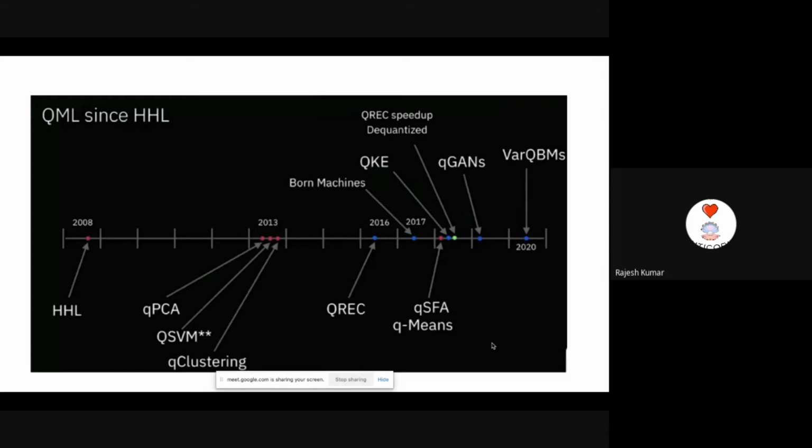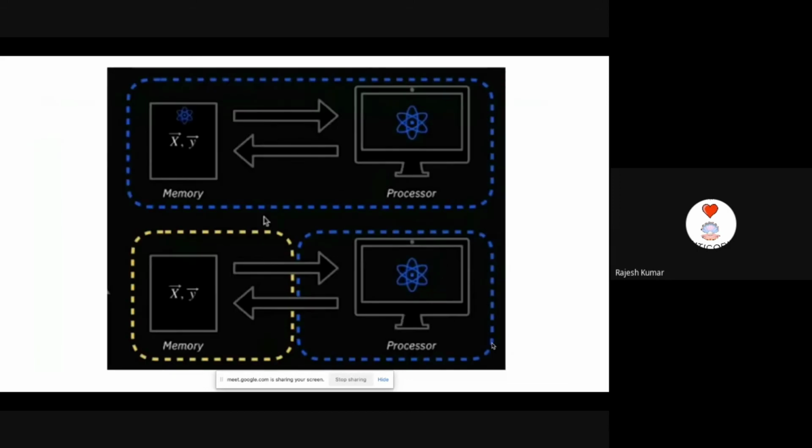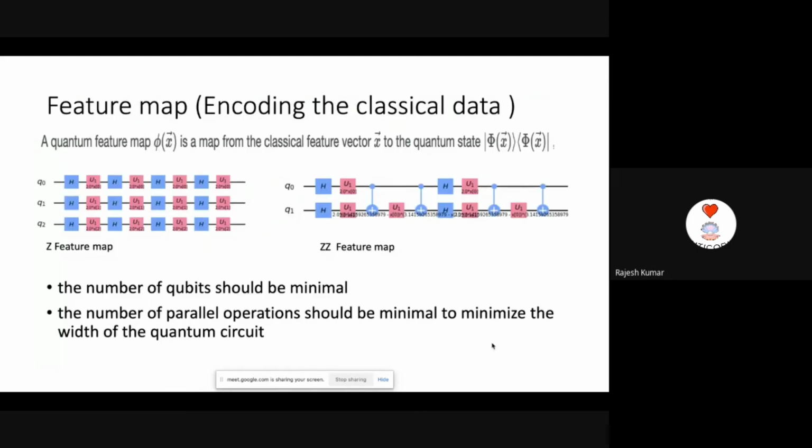That is called variational quantum, and then there is the Boltzmann thing. But variational quantum machine learning is the current thing, primarily used by the research, academic, and industry community. So the first step I told you is to take the data and map it to quantum.